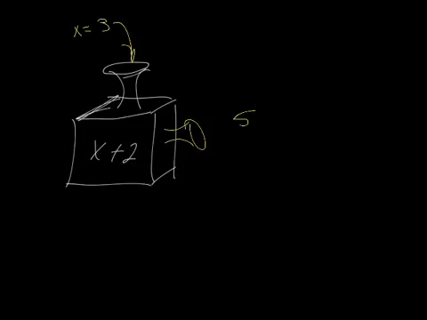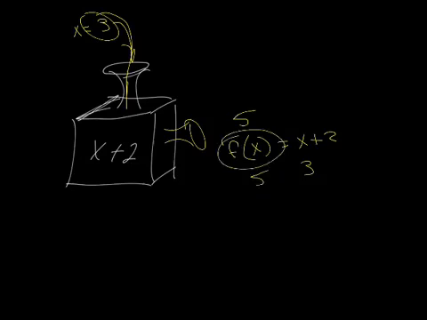We're going to call it the function of x. So when x is 3, f of x is going to be 5. All we're doing is replacing the y with that symbol right there, and it's called f of x.